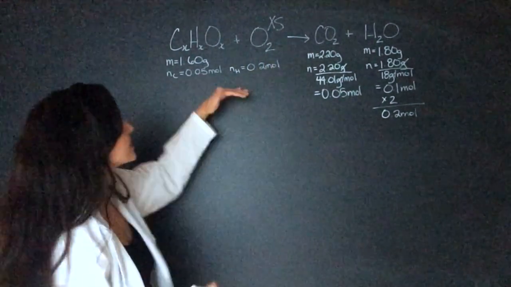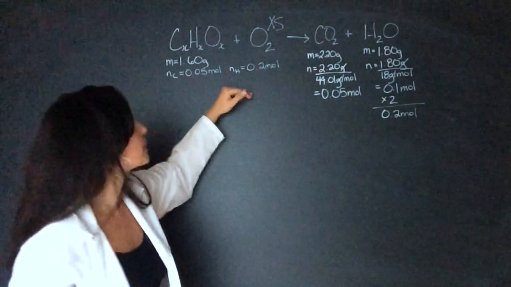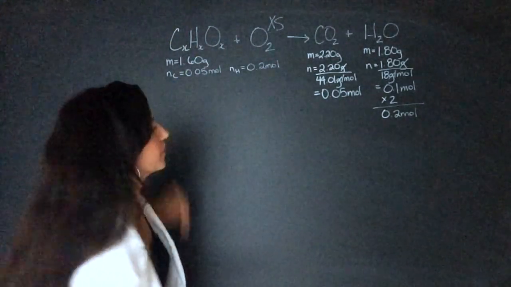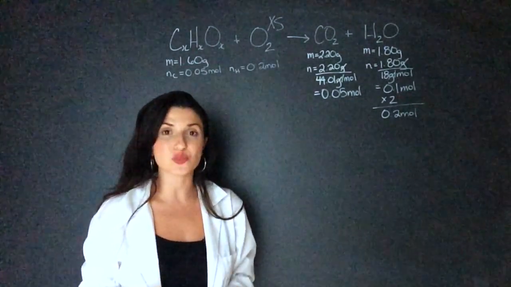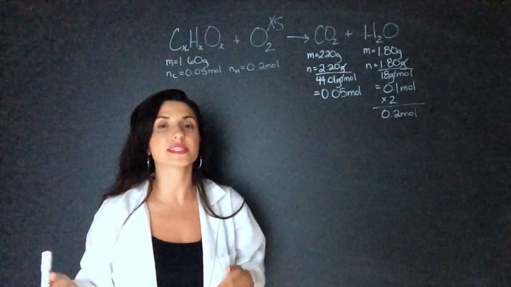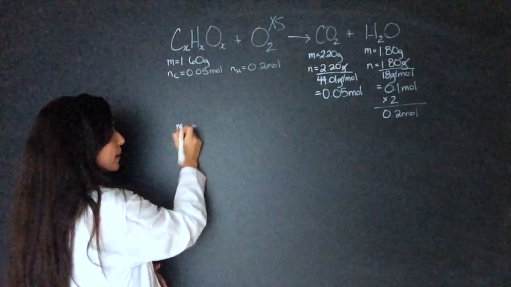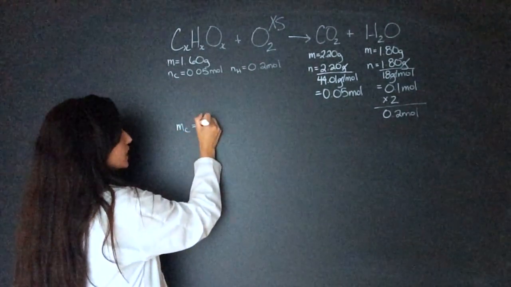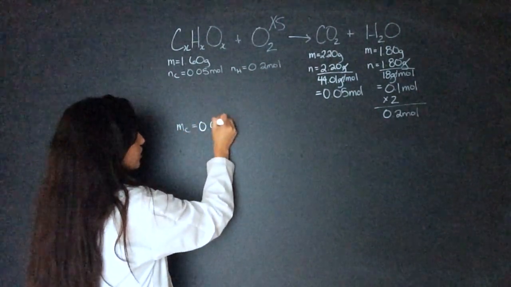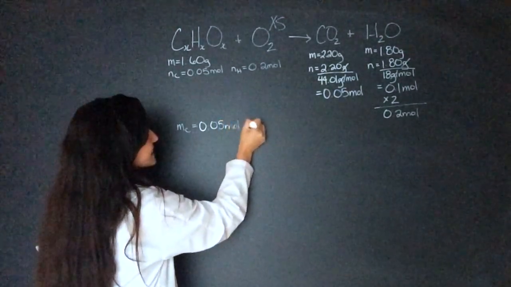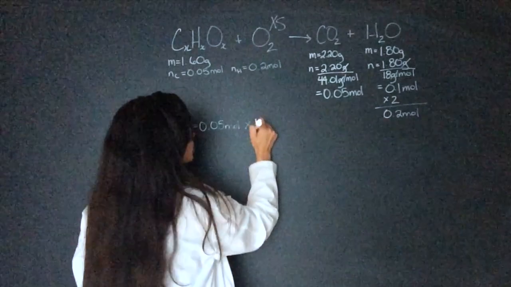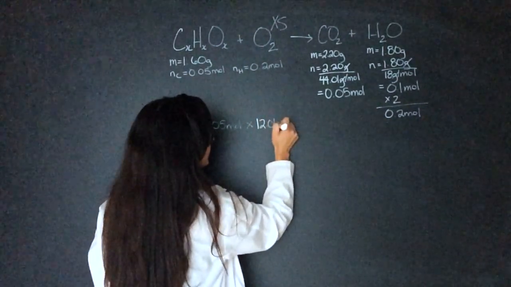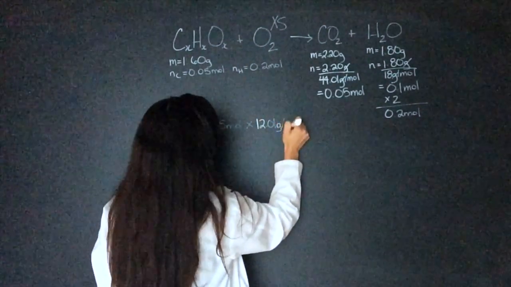Now we can use these numbers to find the mass in our molecule. I'm going to use my moles and molar mass equation, and in this one, the mass is equal to the moles times the molar mass. So my mass of carbon is going to equal the moles, 0.05 mole, times the molar mass of carbon, which is 12.01 grams per mole.